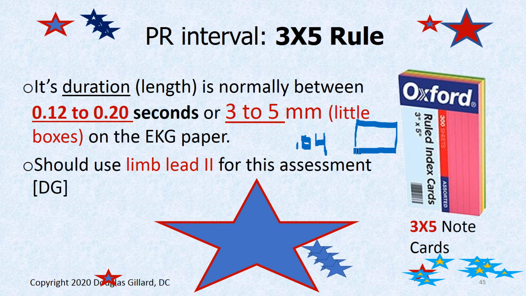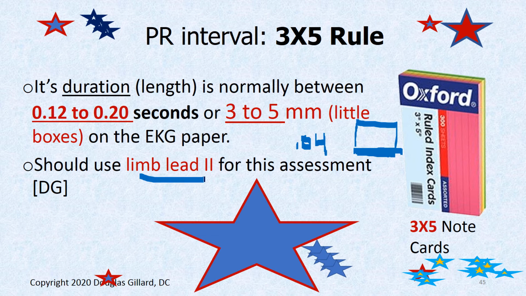There's a little box, it's this part right here. So 3 times 0.04 is 0.12, and 5 times 0.04 is 0.20 seconds. So you could also say the PR interval should be between 0.12 and 0.20 seconds.